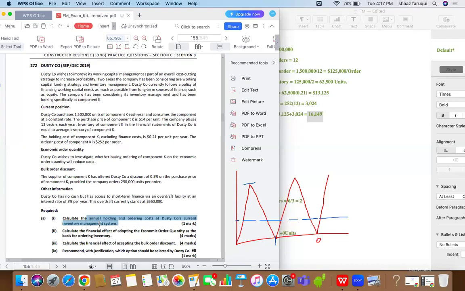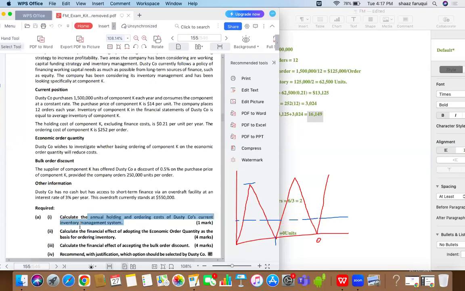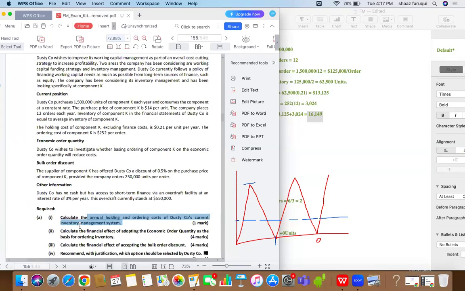They are not asking you for the total cost of the inventory itself. So I hope I have answered your question there, Trisha. So far, we've looked at how to score that 1 mark. Now we're moving ahead to the next 4 marks. How do we score the next 4 marks?